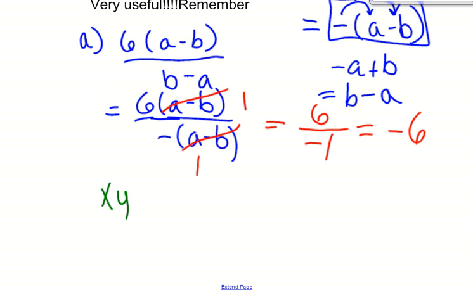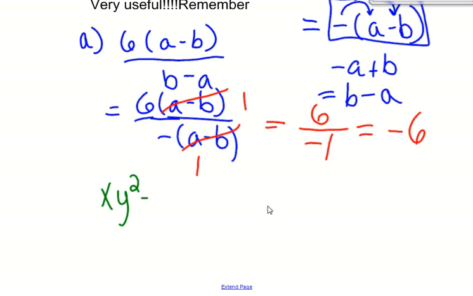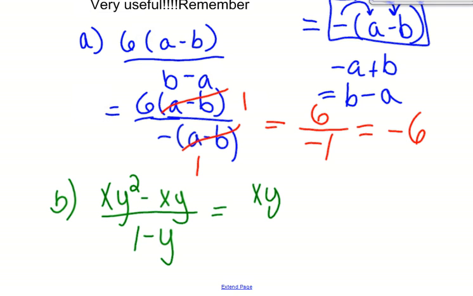So, okay, we factor what we can from the numerator, so we have xy in both terms, and xy times y gives us xy squared, minus 1, over 1 minus y.